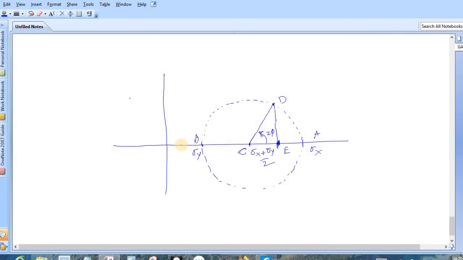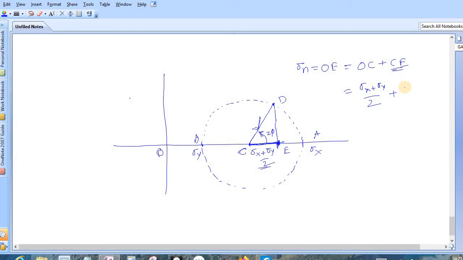So normal stress, if this is origin, is denoted by sigma n, and that is equal to OE, or OE means your OC plus your CE. OC is, you know, the coordinate sigma x plus sigma y by 2, plus CE. What is CE? CE is the cos component of this hypotenuse or radius, CD.